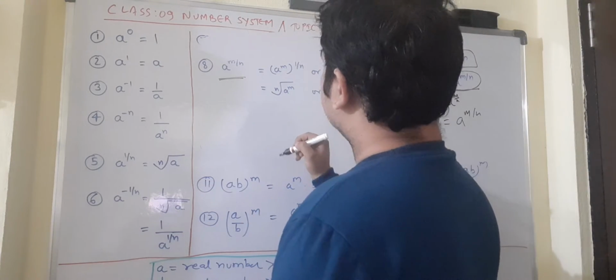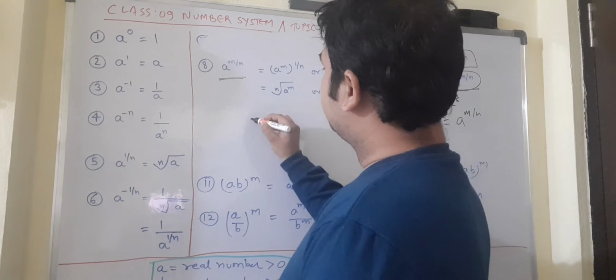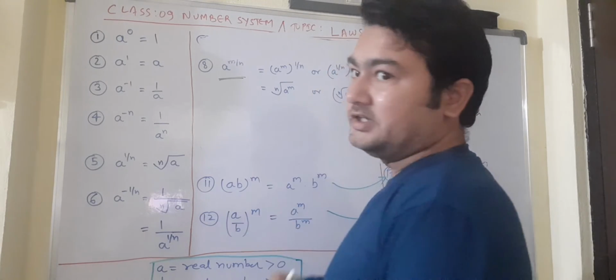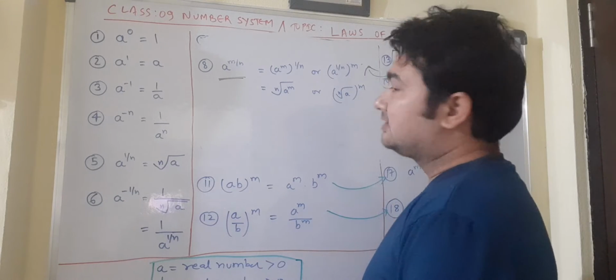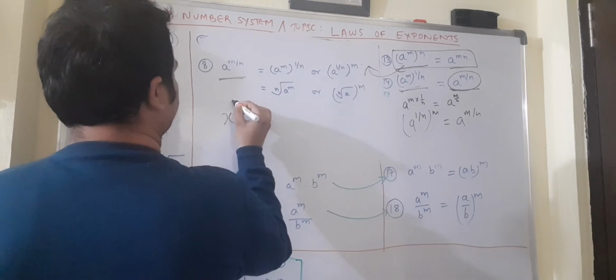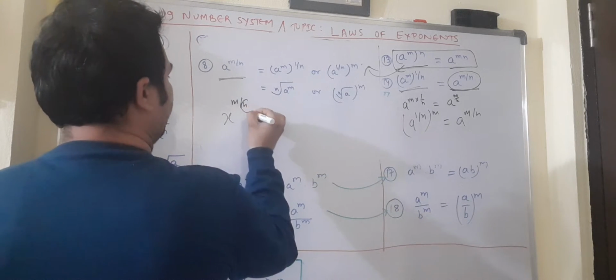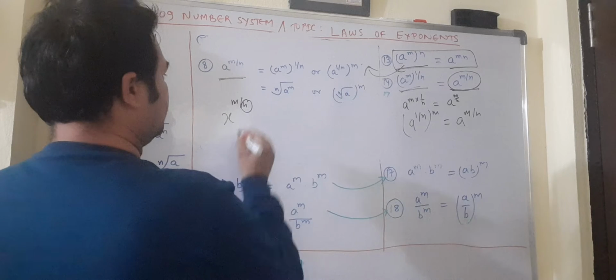Now in the last class also I told you that if this exponent is fractional, suppose we have x to the power m by n, this n is the nth root.